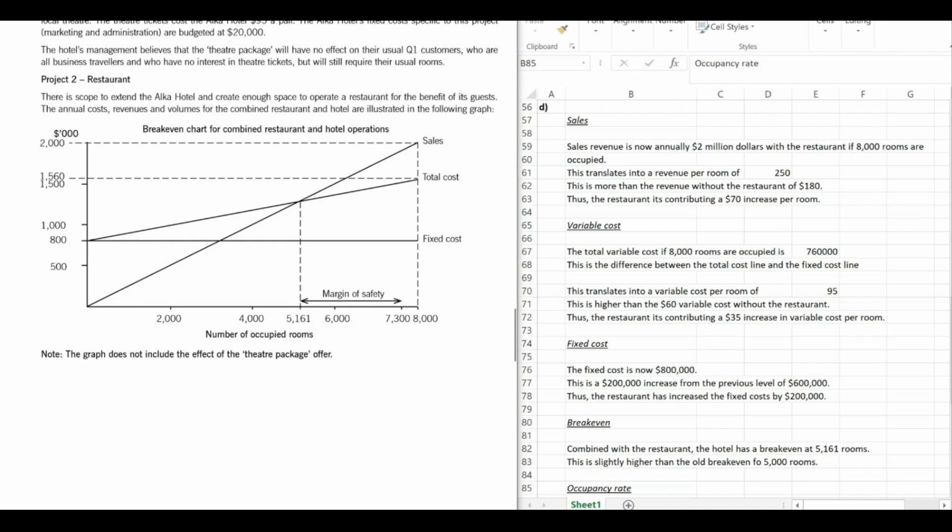Though we could say sales minus total cost, the profit, but we couldn't find that on 7,300. We can find it for 8,000 units. You could mention that as a throwaway point. We don't have to, because honestly we have more than enough points. Okay, fixed cost, margin of safety, break even, we covered all the points.